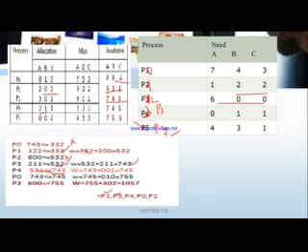We check our formula: yes, the condition is true for P4. Then Work equals 743 plus allocation 002. I add this and it becomes 745. Then I update the value of P4, that is 745. So now P3 and P4 are in a safe state and completed.